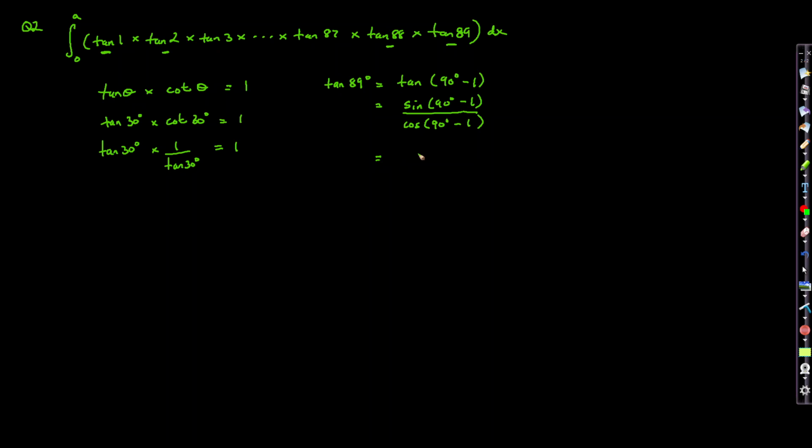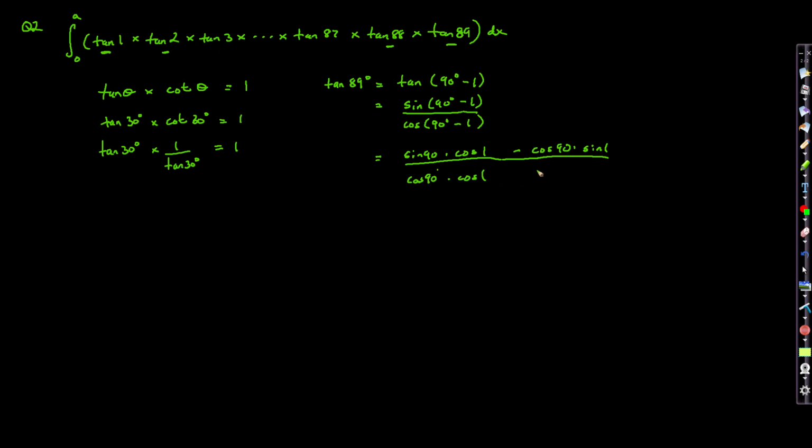So if you look at the sine of 90 minus 1 degrees, you get the sine of 90 times the cosine of 1 minus the cosine of 90 times the sine of 1, all of that over the cosine of 90 degrees times the cosine of 1.